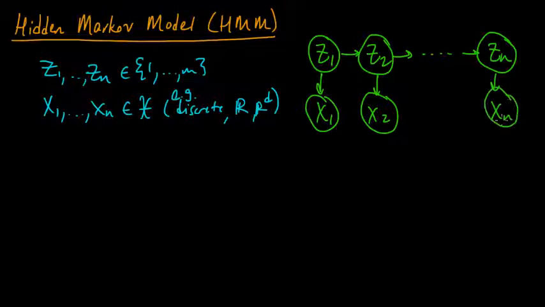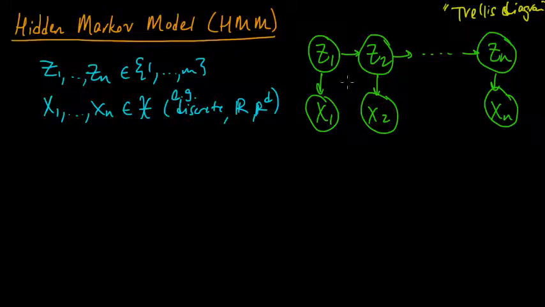This is sometimes called the trellis diagram. This is the graphical model for an HMM.